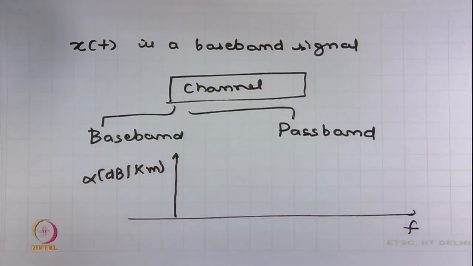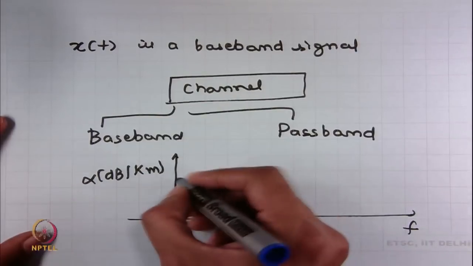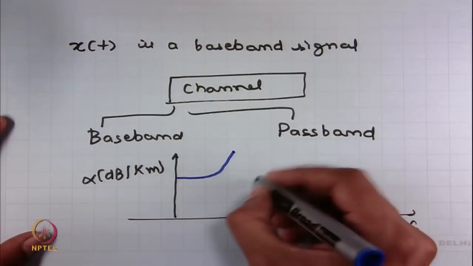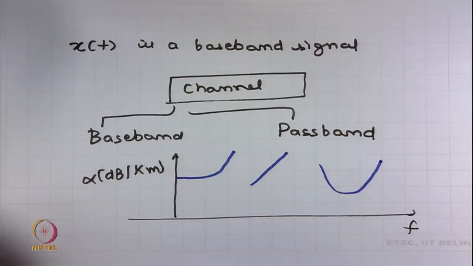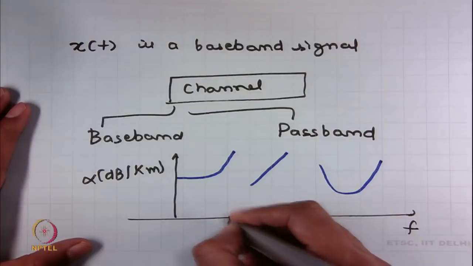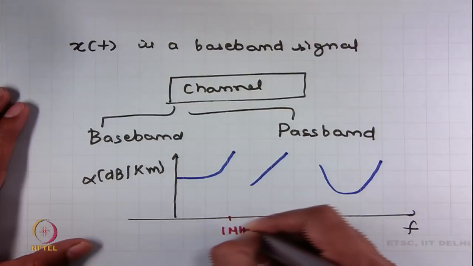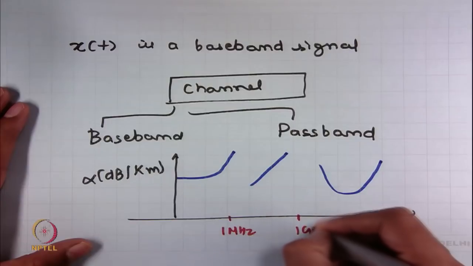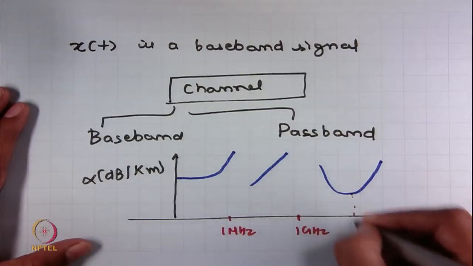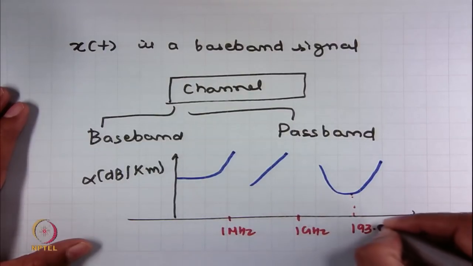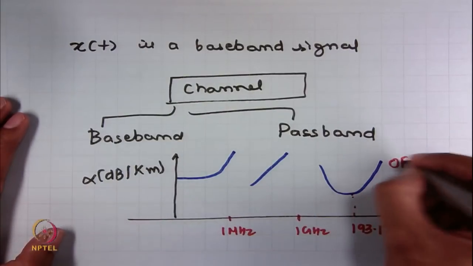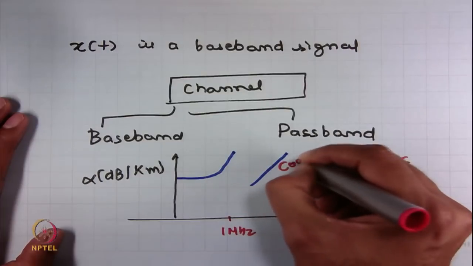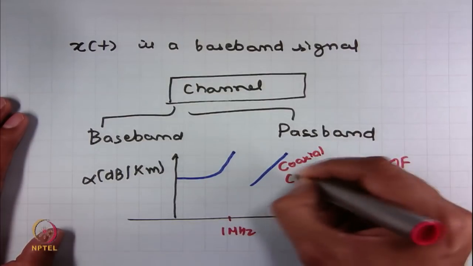So, we have seen three kinds of wired channel. We had twisted pair, coaxial cable and optical fiber. Let me also label the frequency axis. Let us say this point is around 193.1 terahertz. So, this is optical fiber, coaxial cable and twisted pair.